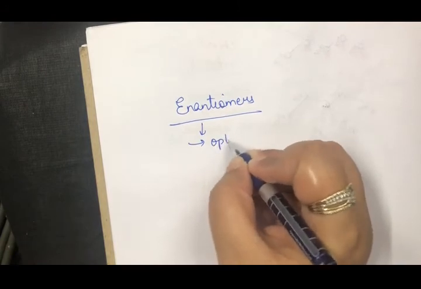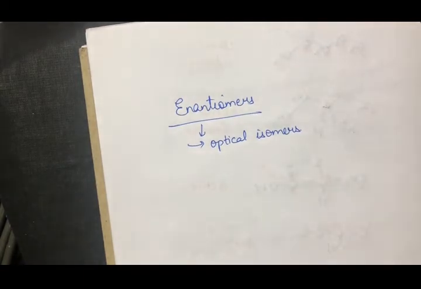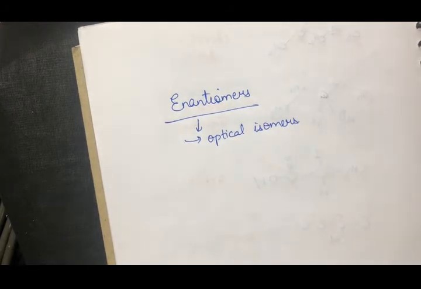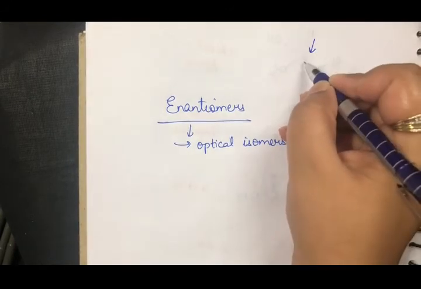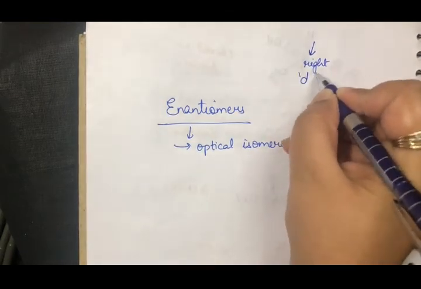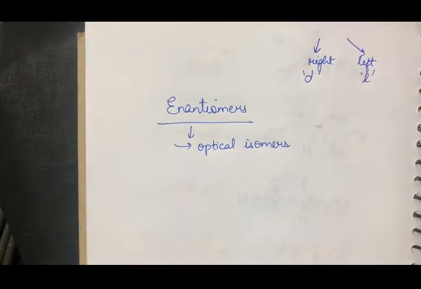They are optical isomers, definitely, है ना, क्योंकि they both are mirror images of each other. अब optical isomers से मेरा मतलब क्या है? क्योंकि ये mirror images थी एक दूसरे की, अगर इनमें से एक कंपाउंड प्लेन पोलराइज्ड लाइट को राइट घुमा रहा होगा, that means it would be dextrorotatory, the other would be rotating it towards left, that is levorotatory, right. So enantiomers क्या हैं? ये दोनों मिरर इमेजेस हैं एक दूसरे की, जो non-superimposable हैं, and one of them would be dextrorotatory and the other is going to be levorotatory.